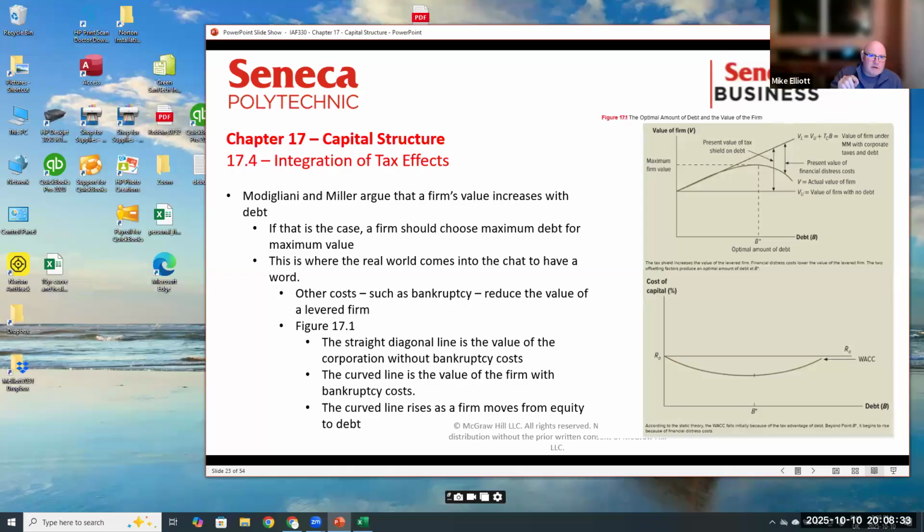Other costs step in to reduce the value of the levered firm. Bankruptcy costs, taxes go up, we have interest costs, we have the costs of financial distress, etc.